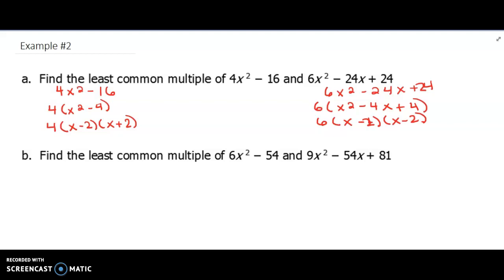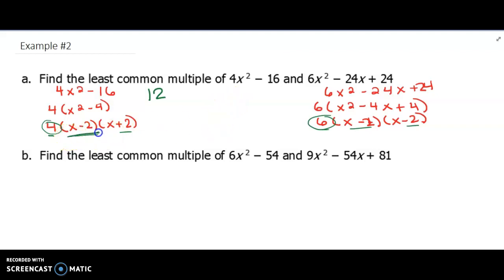All right, so remember when we're trying to find the least common multiple, we can't drop anything. We have to account for every single thing in both of these. So I want to look at 4 and I want to look at 6, and ask what is the least common multiple of 4 and 6? Well, they both go into 12. 12 would be the least common multiple of 4 and 6.